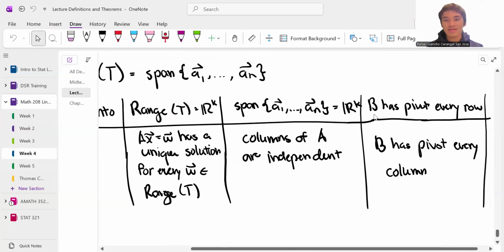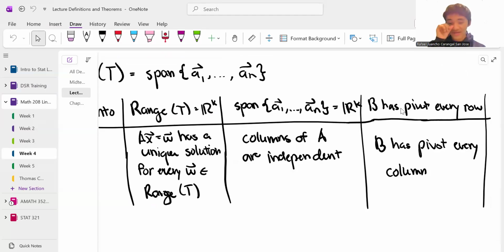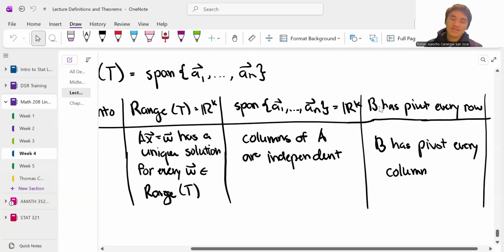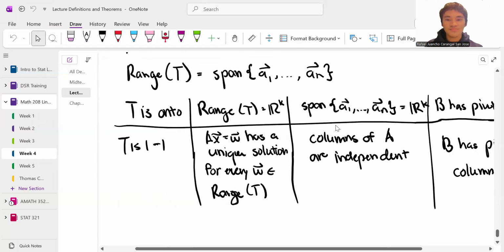So we say that if we have an augmented matrix, so you know how that linear transformation could be converted to a matvec, and so that matrix in that matvec, say is in echelon form, then if we have a pivot in every row, we know it's onto.